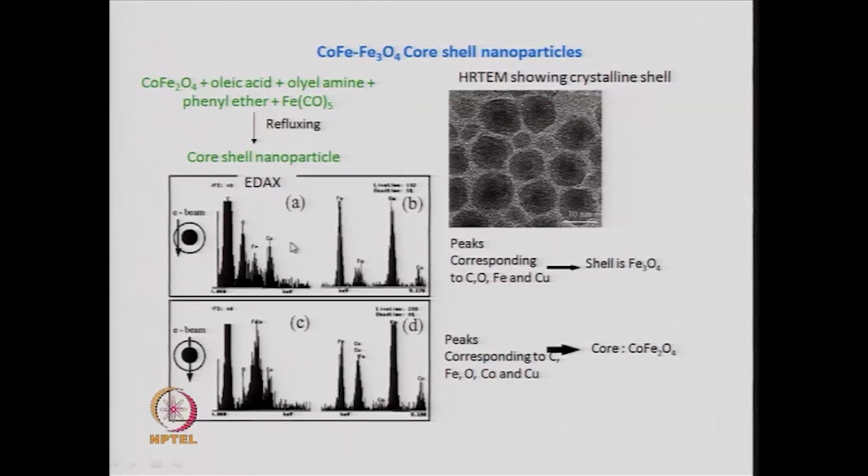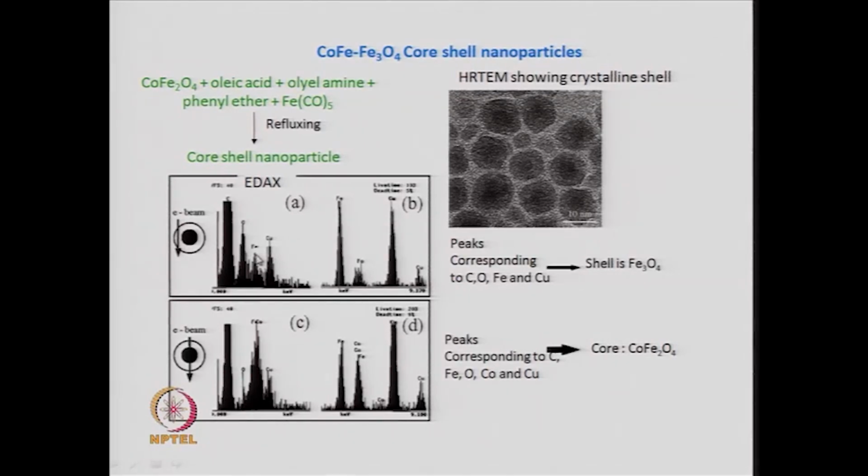Now, copper is coming because you have used a copper grid to mount your sample. So, the copper does not belong to this material, but you are getting this copper line because it is mounted on a grid for holding your sample, and that grid is made of copper. So, you can ignore this copper peak.